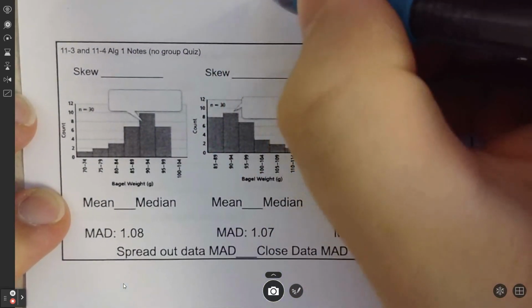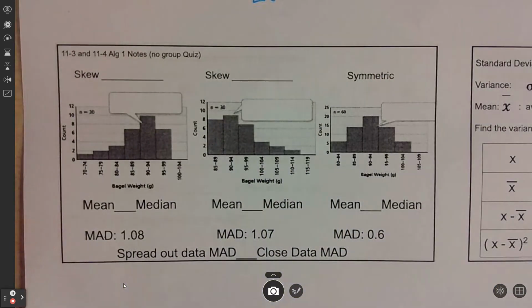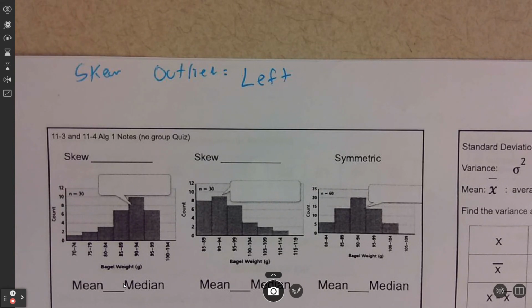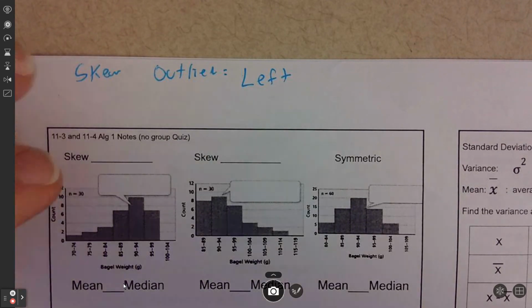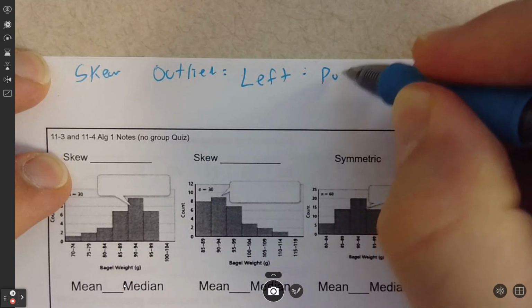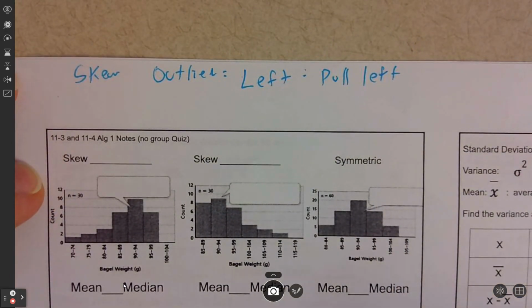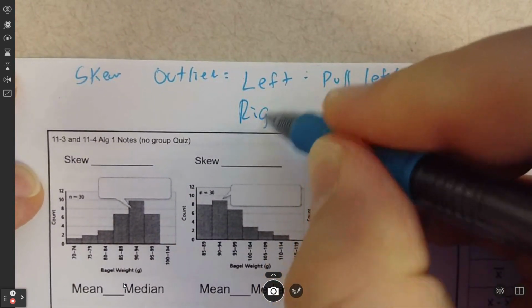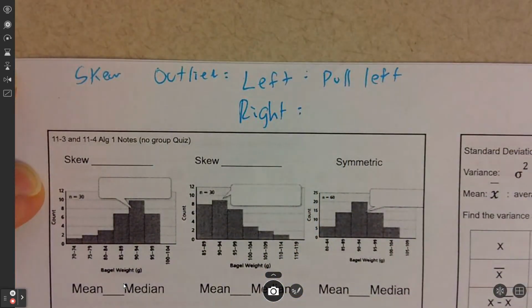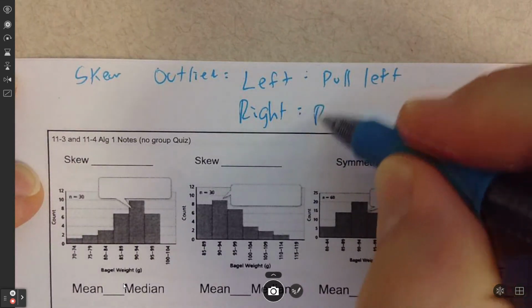If the outlier is left, meaning that it's smaller than the data, it would pull it down, it would pull it left, right? I'm not trying to be tricky here. And if it was right, meaning bigger than the data set, it would pull it right.